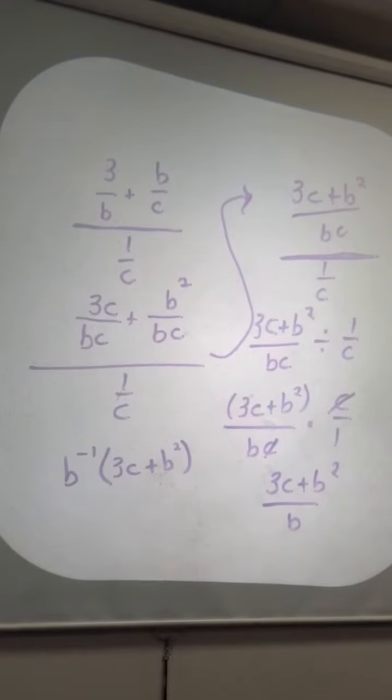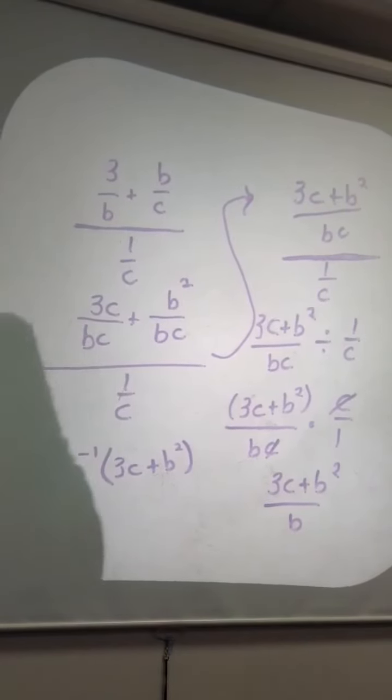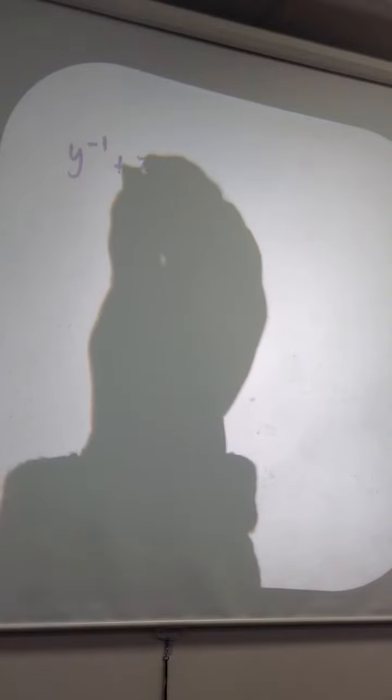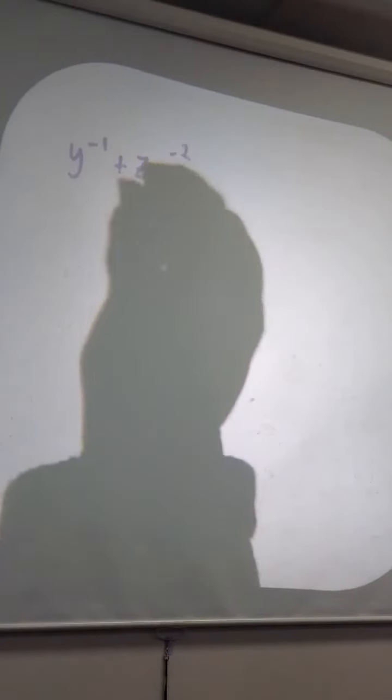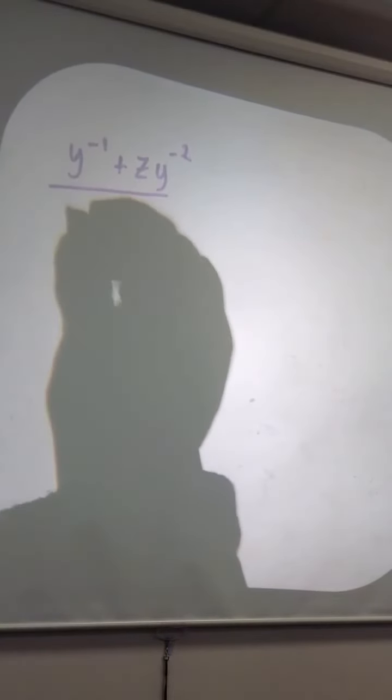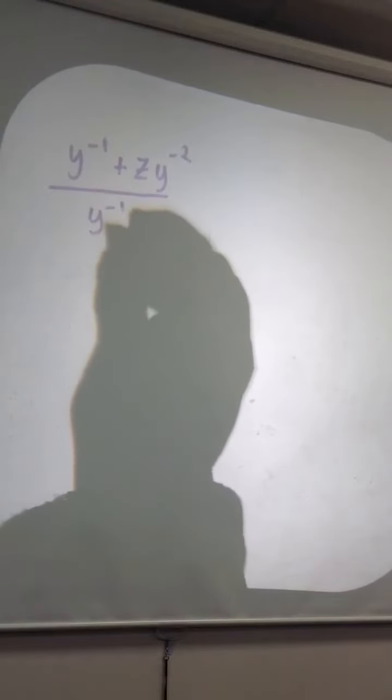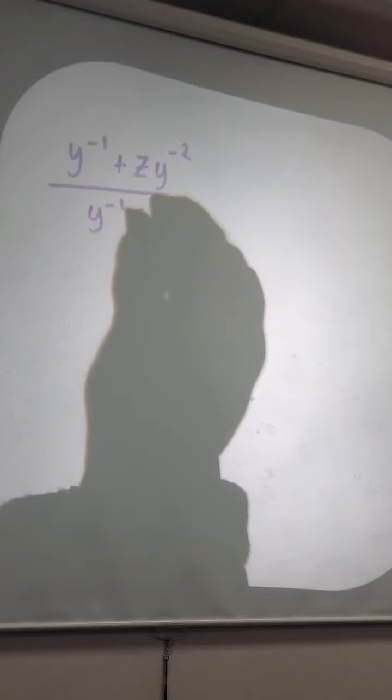All right, let's look at another one, please. Now this one says, oh, this is a joy. Y to the negative 1 plus z y to the negative 2 all over y to the negative 1 z to the 4th.